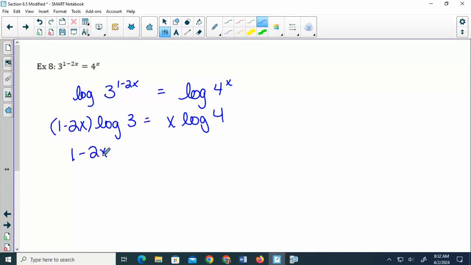So 1 minus 2x equals x log 4 divided by log 3. What would you do now?